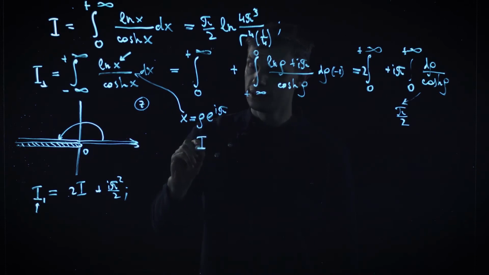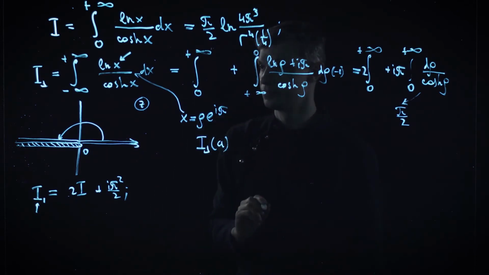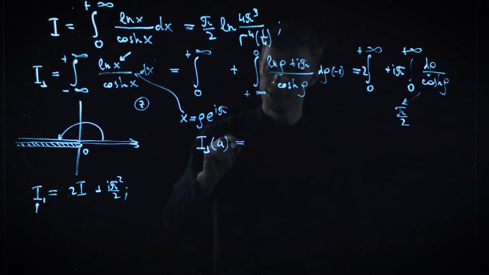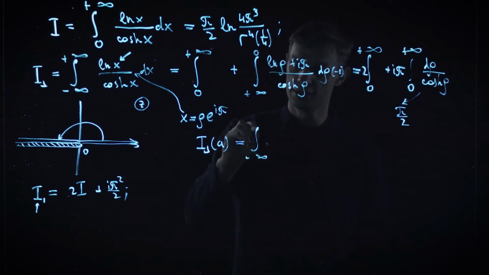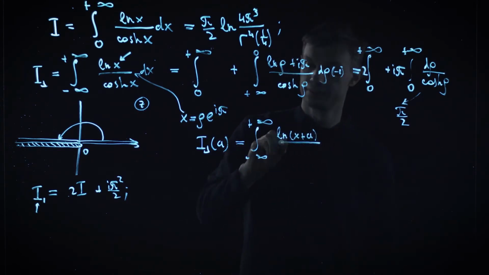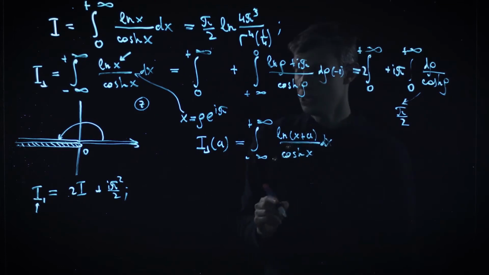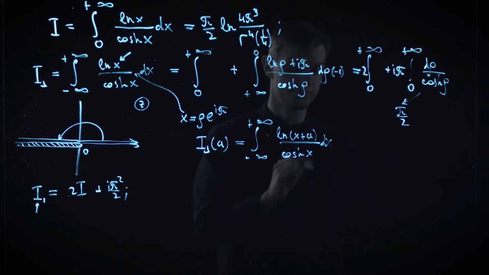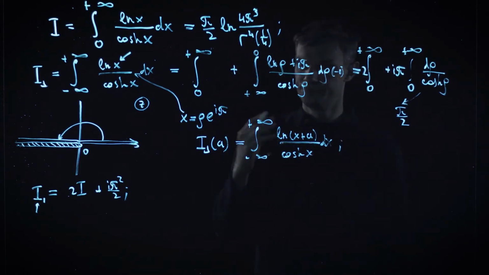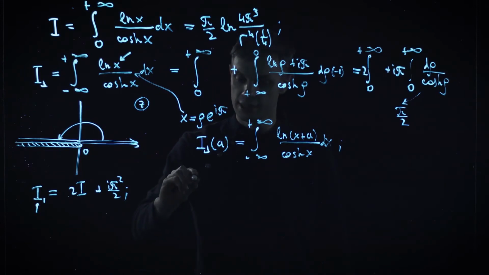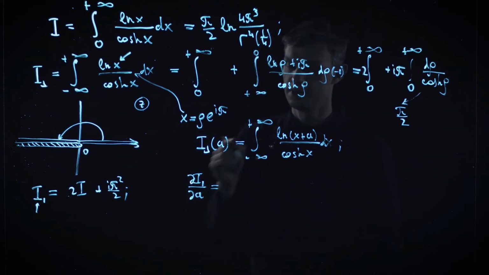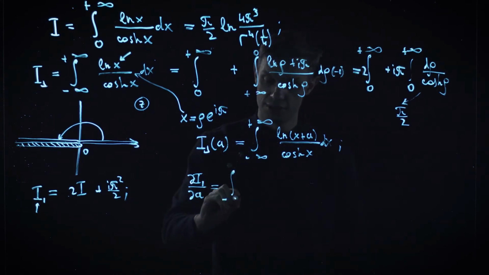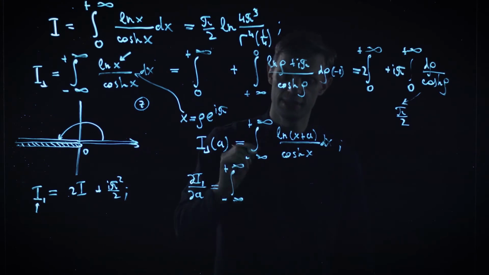And so the possible solution is to introduce the external parameter into the integrand and consider a modified integral. Naturally, if a equals 0, then it is reduced to our original integral. But now, the benefit of this introduction is that we can differentiate the integral with a parameter to get a much simpler expression to deal with.